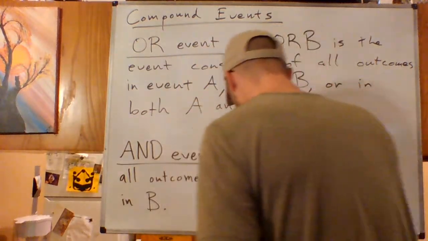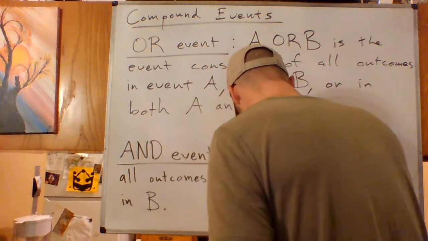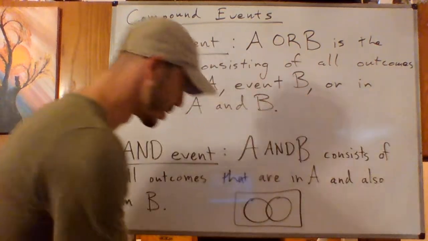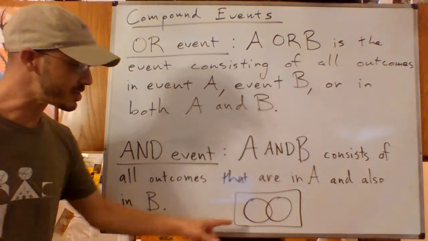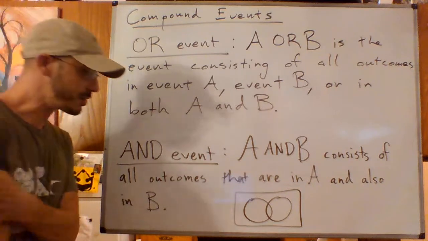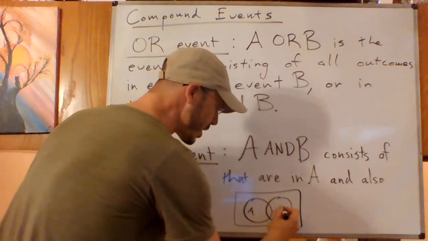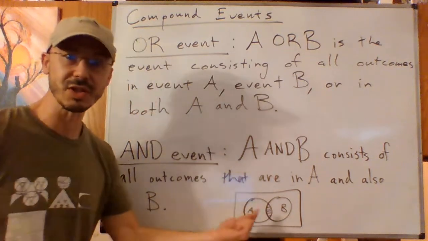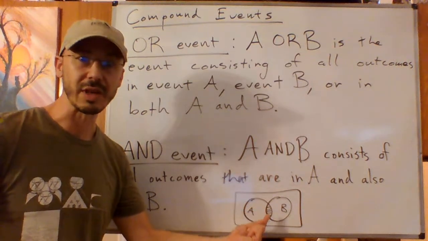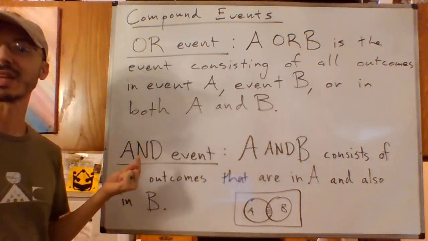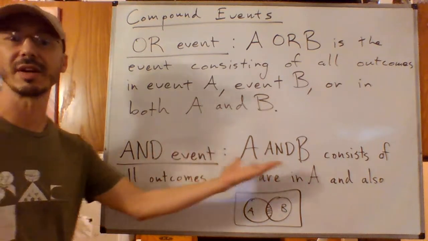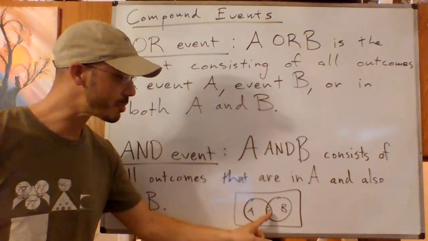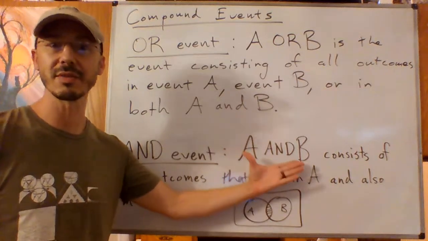And it's actually going to be easy to see. I'll mention this now because it's a good place to get started looking at these things. This is a Venn diagram. And if these are my events, A and B, then this little lens-shaped portion where they intersect, that represents the event A and B. Any outcomes in here is in this event.